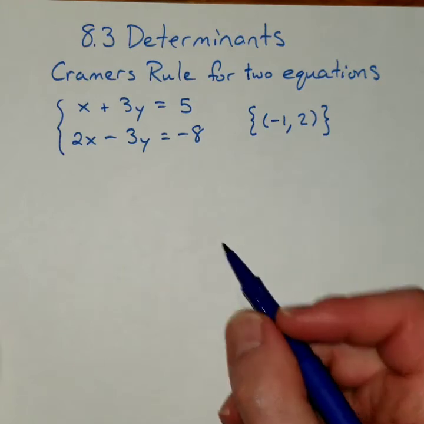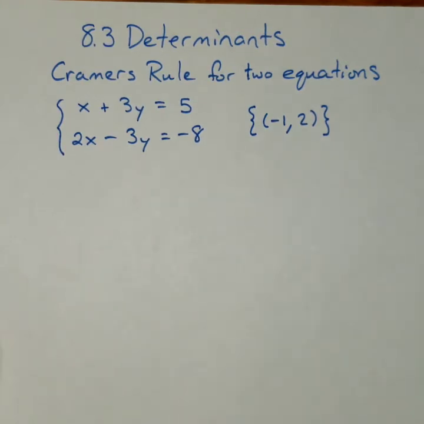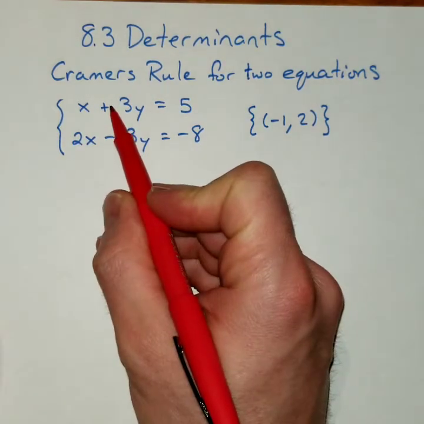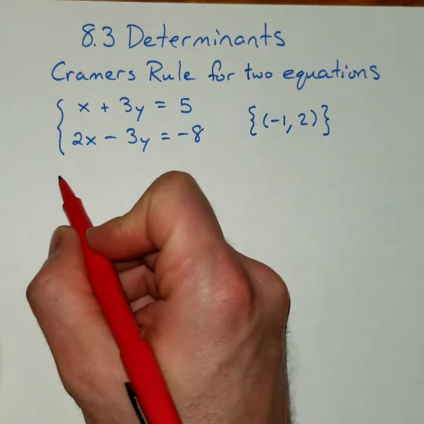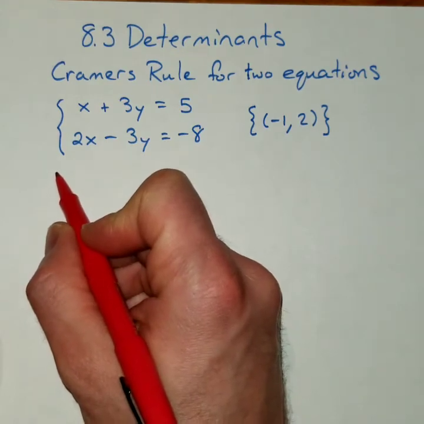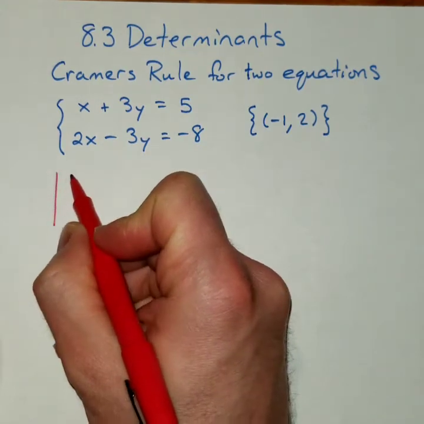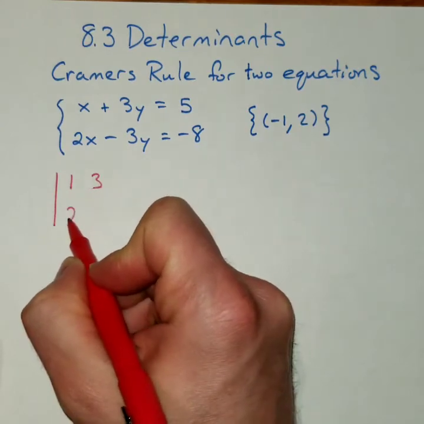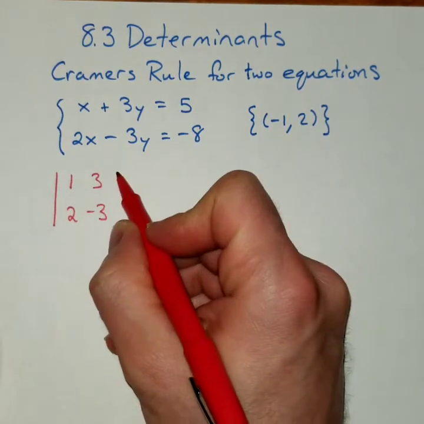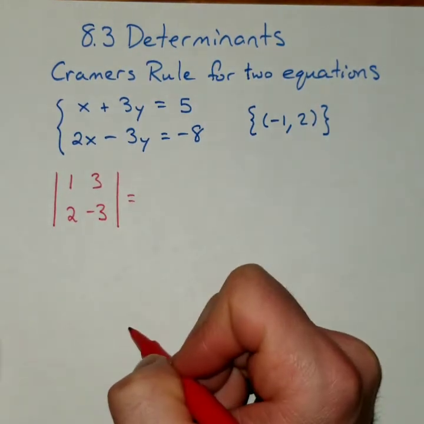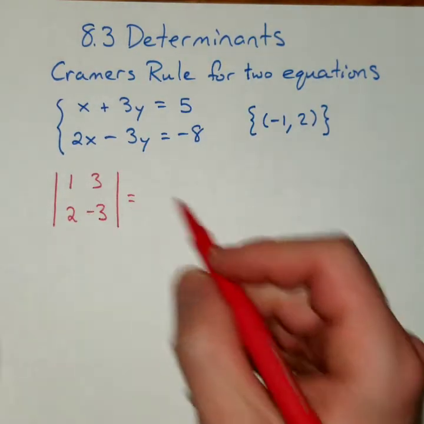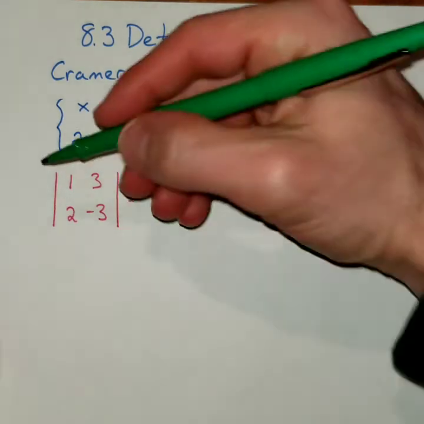For instance, one really nice matrix is the one that just takes the coefficients. Okay, so if you just look at the 4 coefficients, you have the matrix 1, 3, 2, -3.